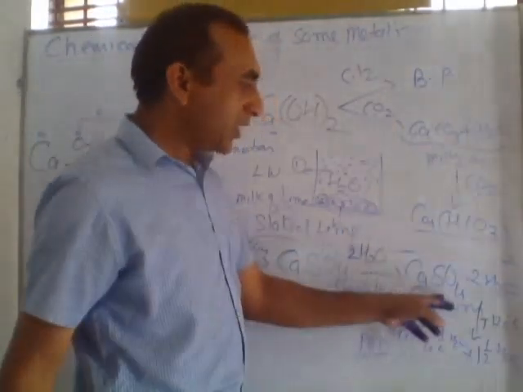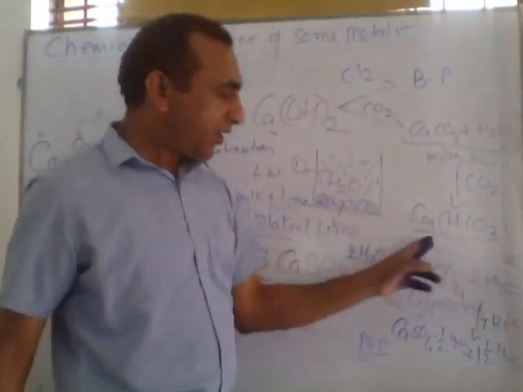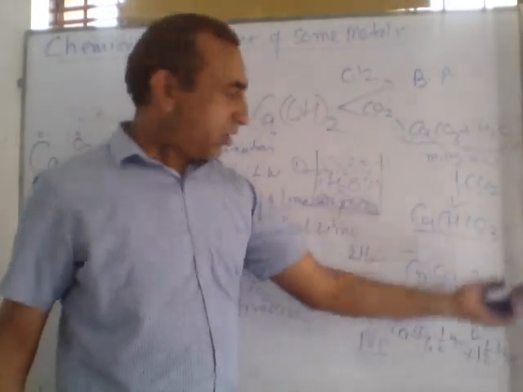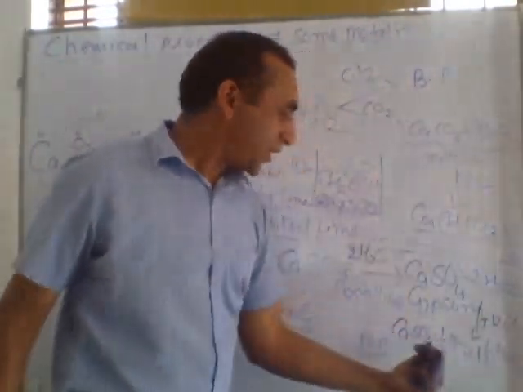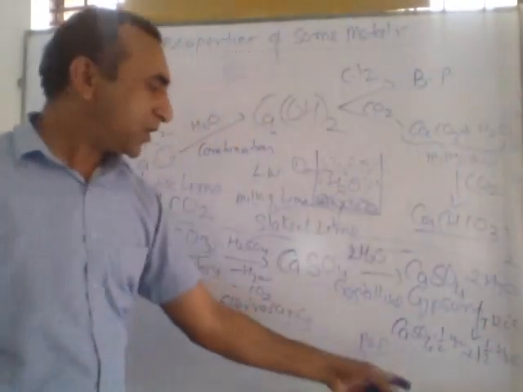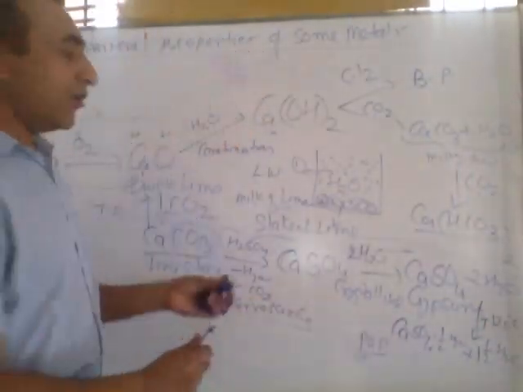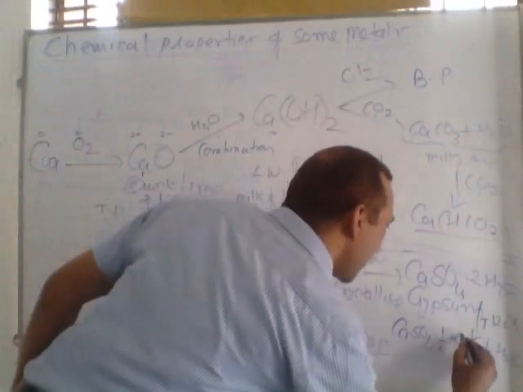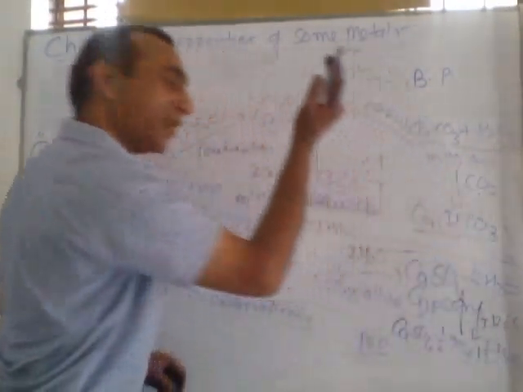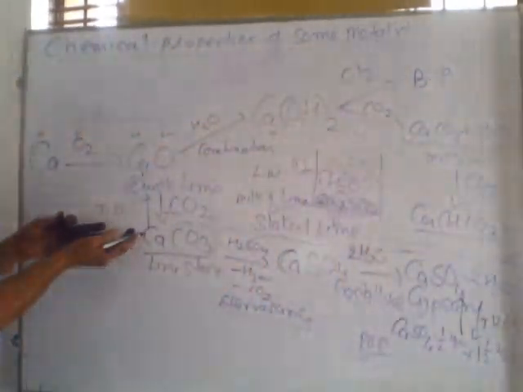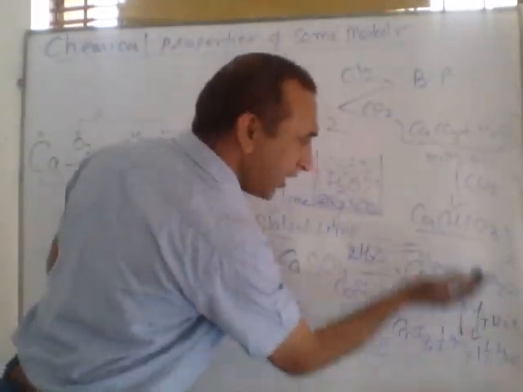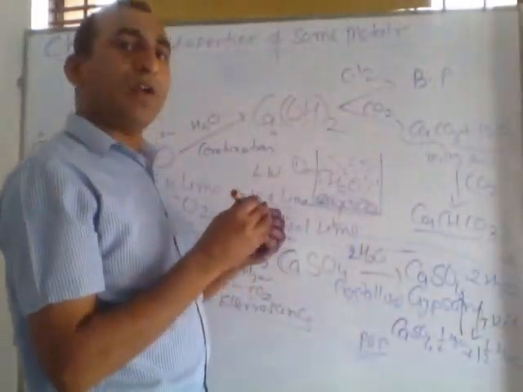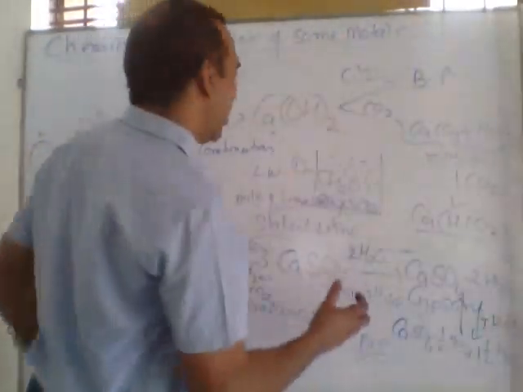Gypsum is calcium sulfate dihydrate. On heating gypsum above 120 Celsius, it gives plaster of Paris. This is a most important compound. If we cool plaster of Paris, it gives the reverse reaction, and again gypsum forms. Gypsum now becomes a very hard compound.